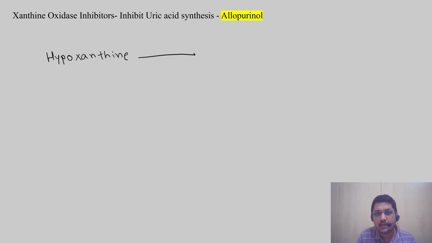This hypoxanthine is acted upon by an enzyme, xanthine oxidase, and because of it xanthine is released. What is the next product after xanthine? The same enzyme xanthine oxidase acts on xanthine, and then our main thing, uric acid, is formed here.